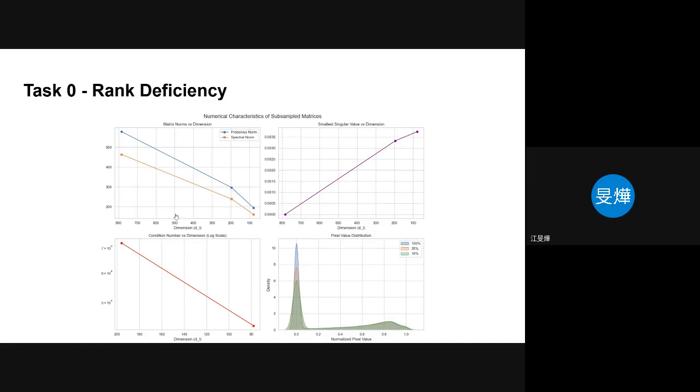And that's the bottom right chart, the distribution curve: for all 3 levels they perfectly overlap like that. And this proves that our random sampling was unbiased. Even at 10%, we maintain the exact same feature distribution as the original image.